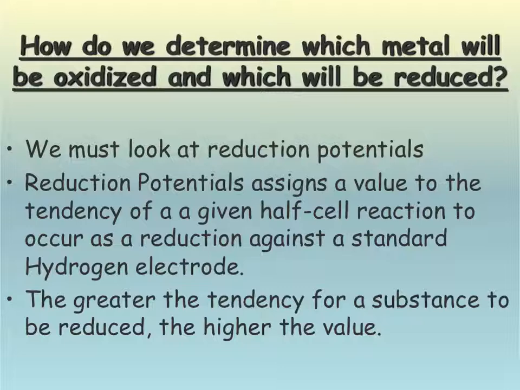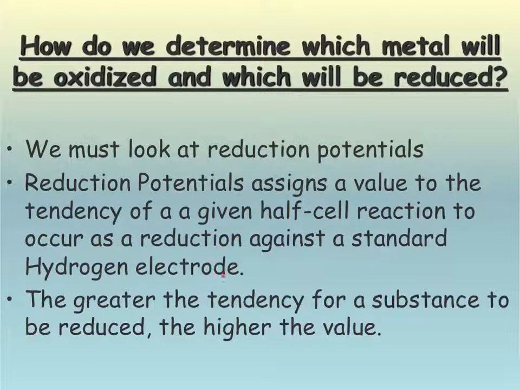Well, in order to do this, we must look at what are called reduction potentials. Basically, a reduction potential assigns a value to the tendency of the given half-cell reaction to occur as a reduction as compared to a standard hydrogen electrode.